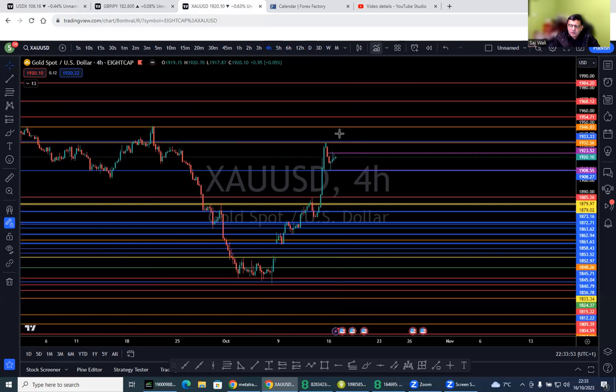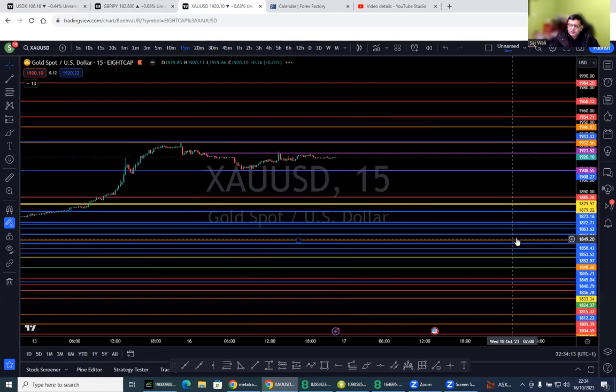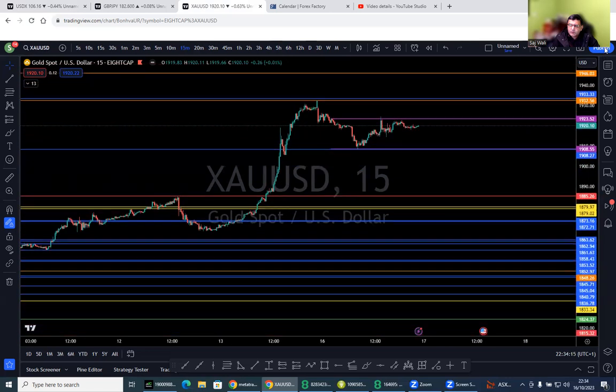It may go straight up after breaking this. So be careful when you trade gold. I'll suggest focusing on other pairs as well, because gold is very risky unless you know how to manage your risk, and you can use small lot size. You go to multiple time frames, and you can have good probability as well.